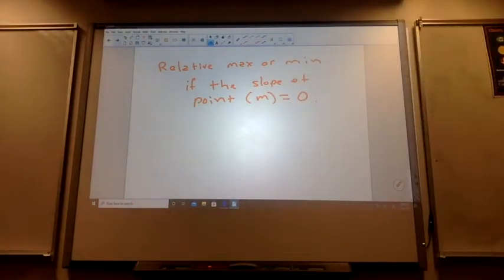A line that has a slope of 0 is a horizontal line. Is that okay so far?